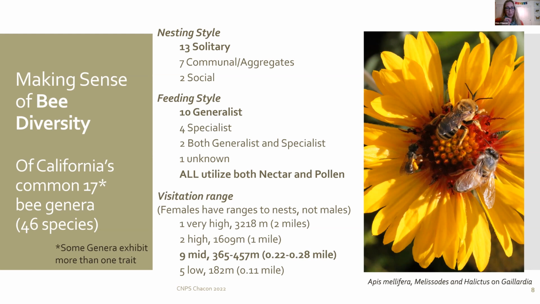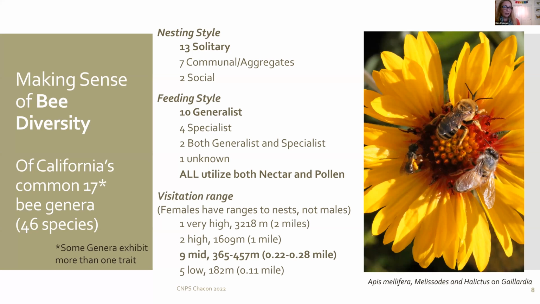The research has shown that the body size correlates to how far the bees can travel. So very small bodied bees can only go, you know, let's see, what is it? Sorry, my screen blocks the other screen. I just improved this. Very small traveling bees only go about a tenth of a mile. The highest traveling bees, like European honeybees, again, they are the exception, can go up to 2 miles.